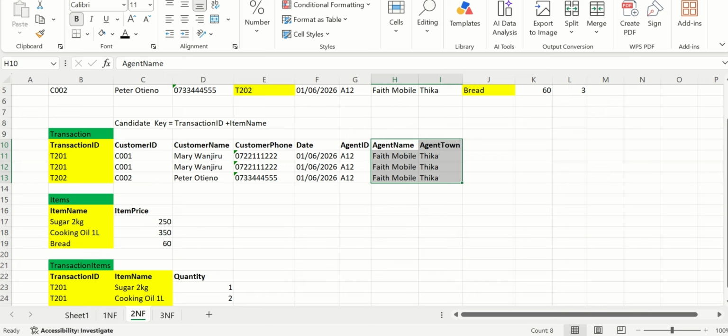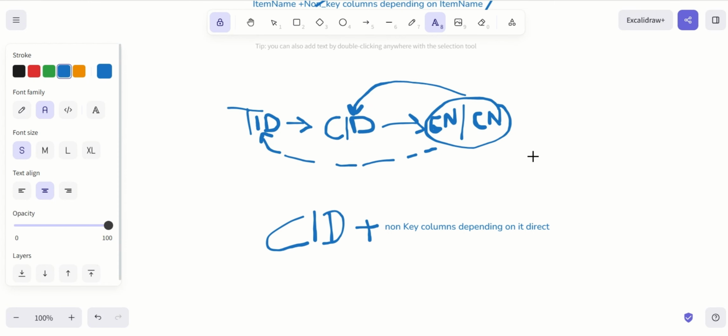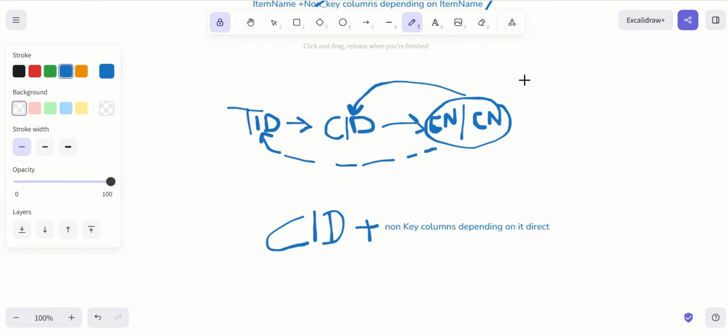So we're also going to have another table. So let's just have agent ID, and then here we have the agent name, and agent town.